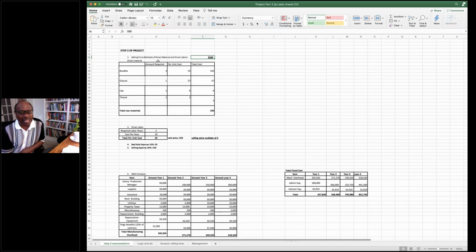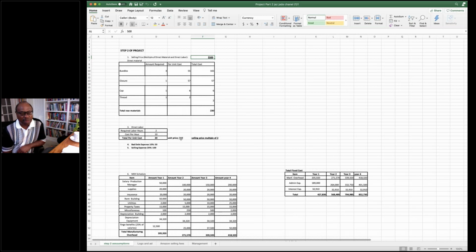You've got to have a selling price, which is a multiple of direct materials and direct labor only. They had 1, 2, 3, 4 direct materials, so their total raw materials was 230. Their labor, they can make 2 and 20.